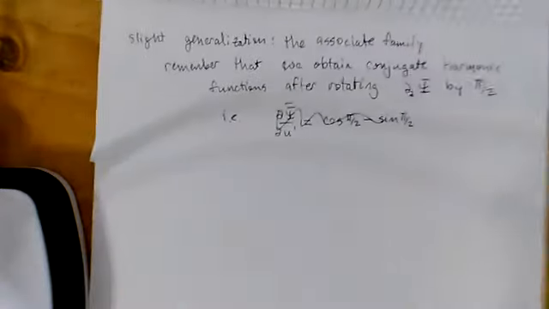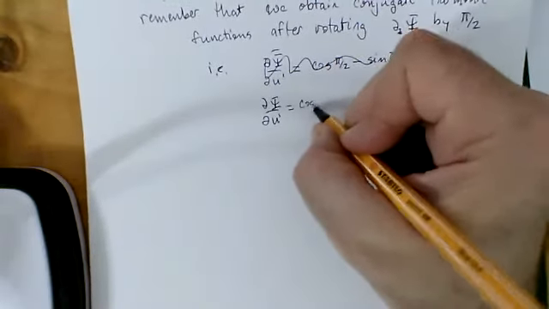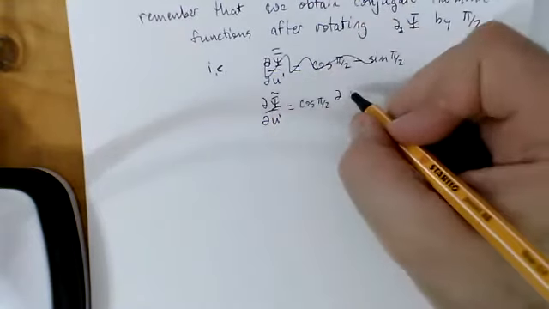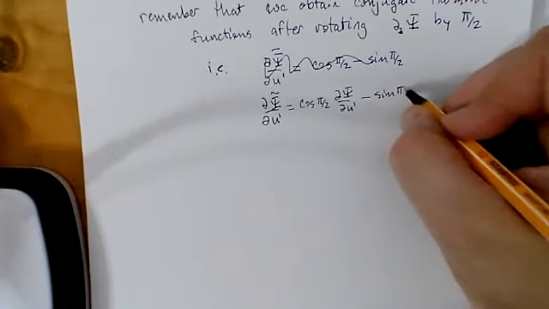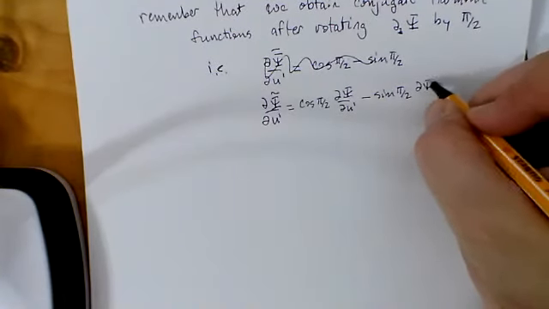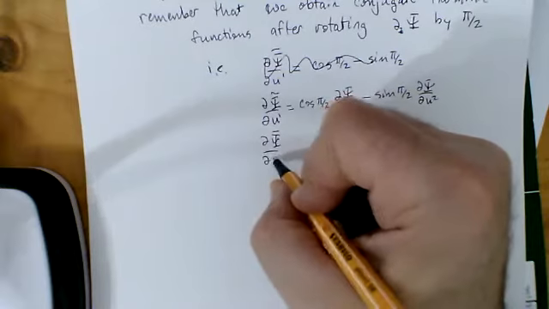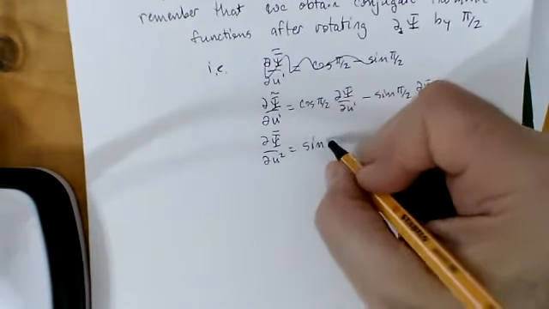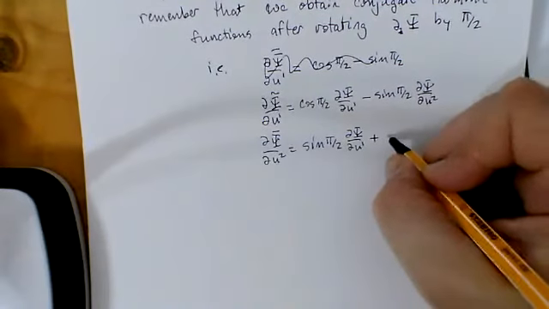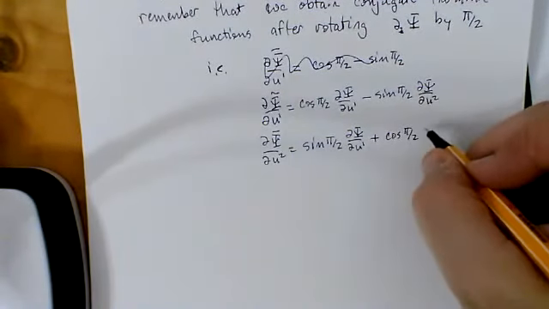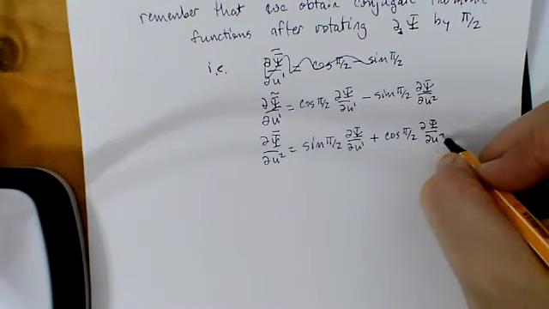Sorry. Let's rewrite this again. d psi tilde du1 is cosine pi over 2 d psi du1 minus sine pi over 2 d psi du2, and d psi tilde du2 is sine pi over 2 d psi du1 plus cosine pi over 2 d psi du2.